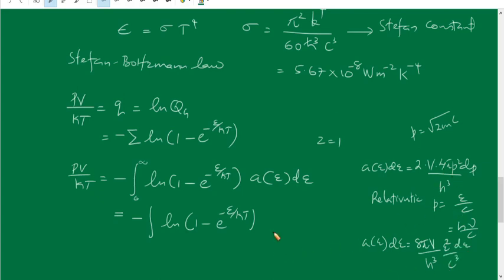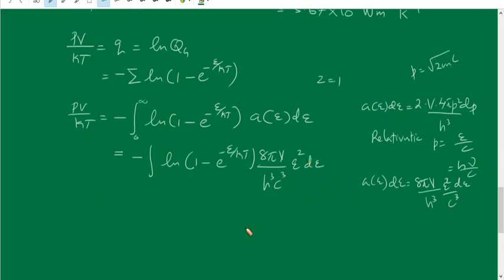That's it. So we can substitute here 8 pi V divided by h cube c cube, E square dE. Now using this, we can write minus 8 pi V divided by h cube c cube.